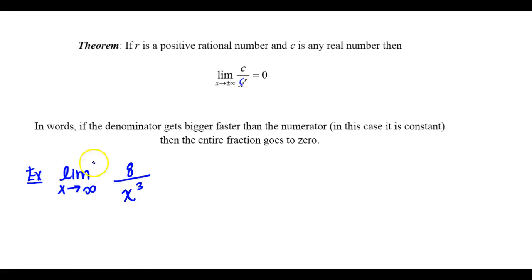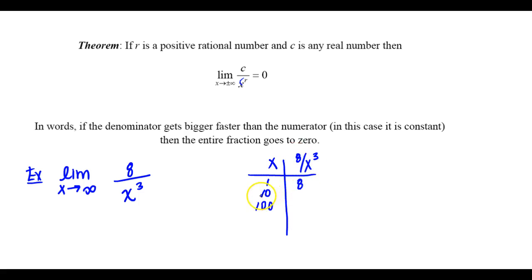Remember what we did when we created a table of values? We started plugging in big x values. We started with 1, and then 10, and then 100, and we can keep on going. We want to know what happens to the function. In this case, what happens to 8 over x cubed? When I substitute in 1, 1 cubed is 1, 8 divided by 1 is 8.